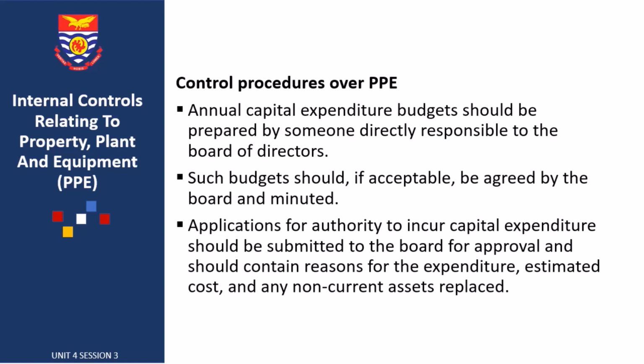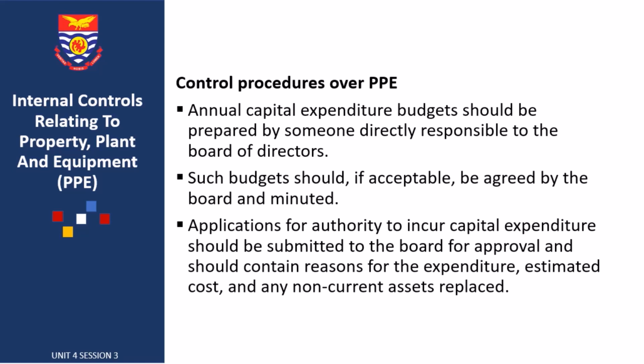Now let's look at the control procedures over the PPE. Your annual capital expenditure budget should be prepared by someone directly responsible to the board of directors, because you are looking at capital expenditure here. Such a budget, once prepared and presented to the board, if acceptable, should be agreed by the board and minuted.